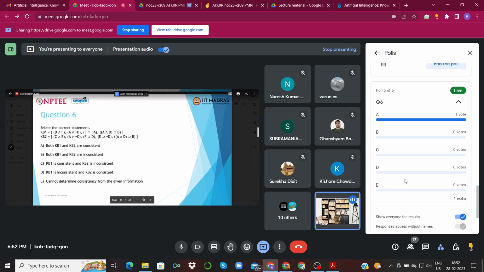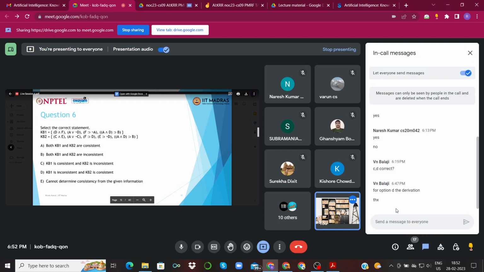Okay, so we have one vote for both knowledge bases are consistent. Okay, so first of all, when do you say a knowledge base is inconsistent? Does anyone want to share?